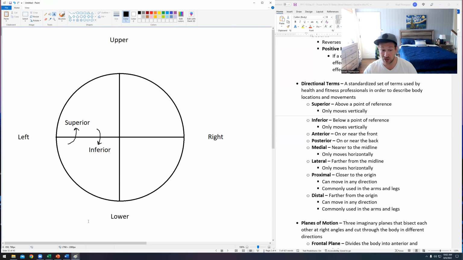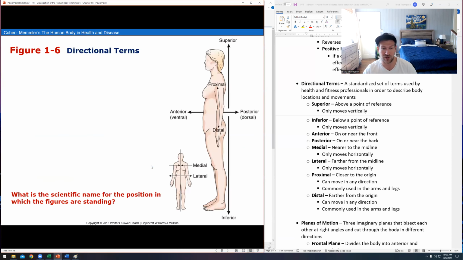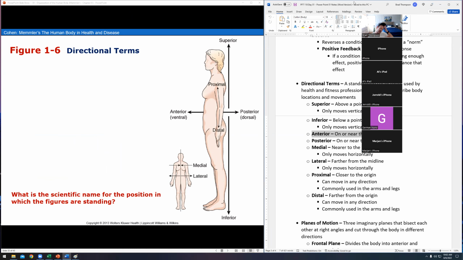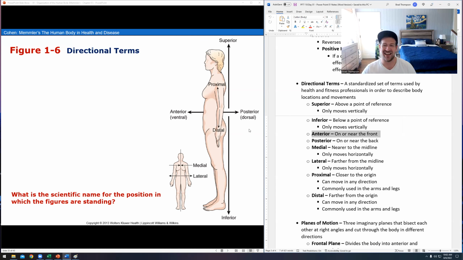Now, there's a 2D drawing, so I've got to switch back to the PowerPoint for this next one. We've also got anterior and posterior. Anterior is on the front, posterior is on the back. My mom used to always threaten me when I was a child to bruise my posterior, a phrase I heard a lot as a kid. That is this back section right here.